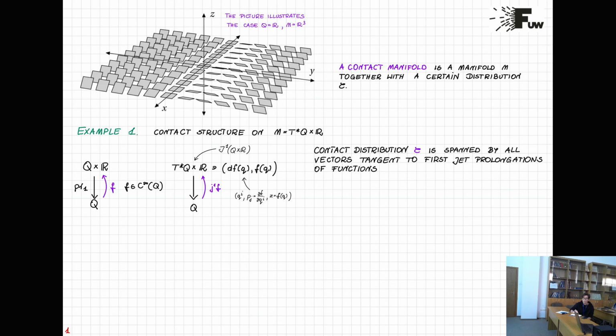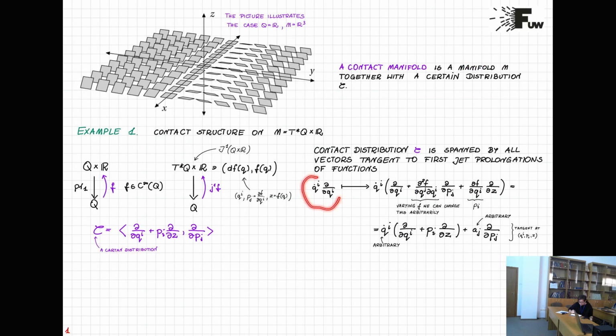And then what I do, I think about all the vectors that are tangent to graphs of prolongations of such functions. So essentially I take any vector tangent to the base, and I use this section, which is the first jet prolongation of the function, to lift this vector up here to a tangent vector to my contact manifold.